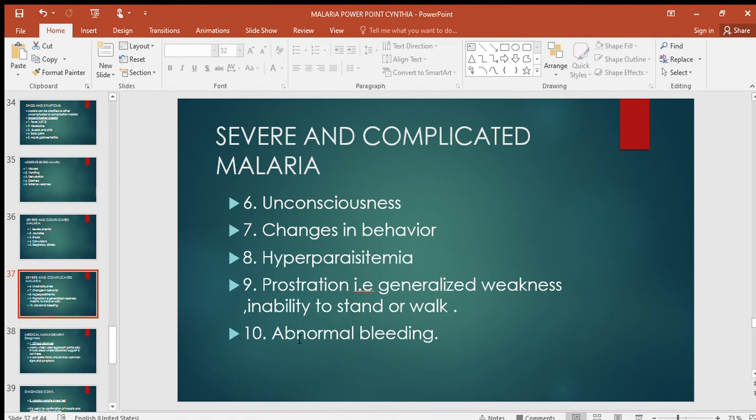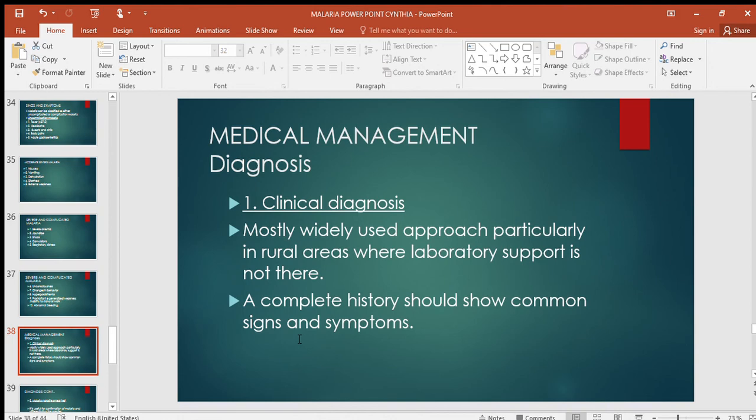We've looked at uncomplicated malaria, moderate malaria, and severe malaria. So now how can we diagnose, how can we manage a patient with malaria? So the first one, the clinical diagnosis, this is usually done in rural areas where there are no laboratory facilities, and malaria has to be diagnosed clinically.